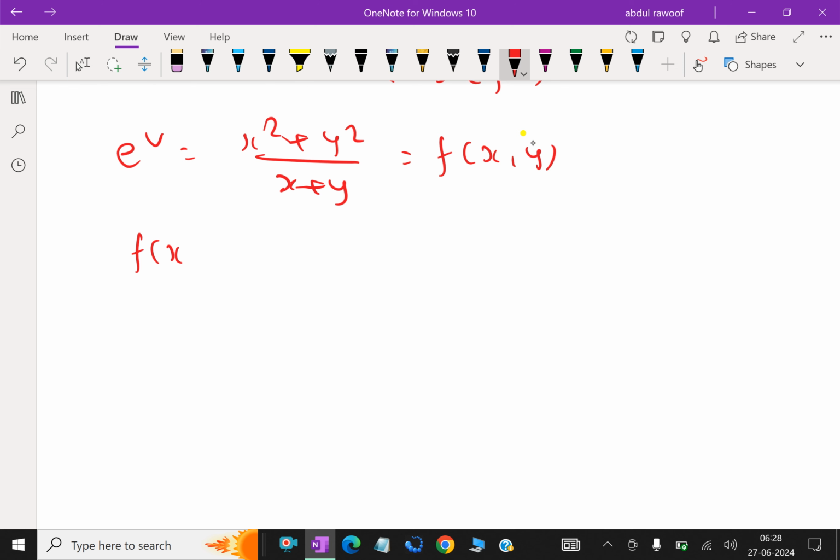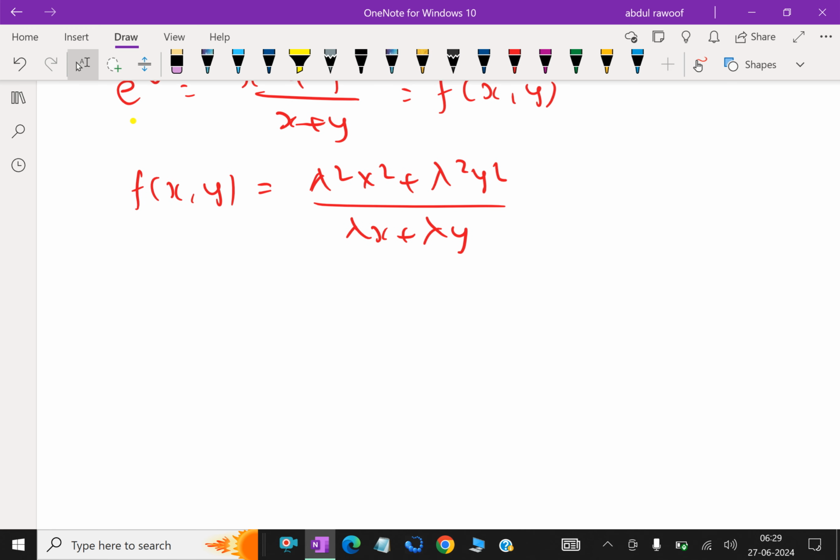Therefore, f of lambda x, lambda y, where we multiply with a parameter lambda, is lambda squared x squared plus lambda squared y squared over lambda x plus lambda y, which equals lambda times (x squared plus y squared over x plus y), because lambda squared is taken out common in the numerator and lambda is taken out common in the denominator.